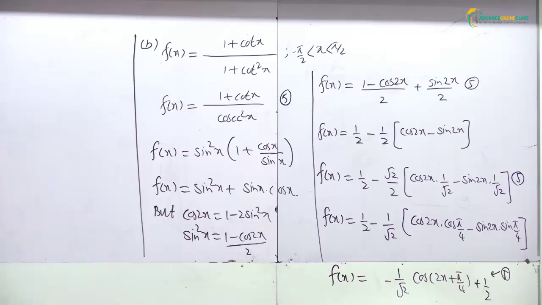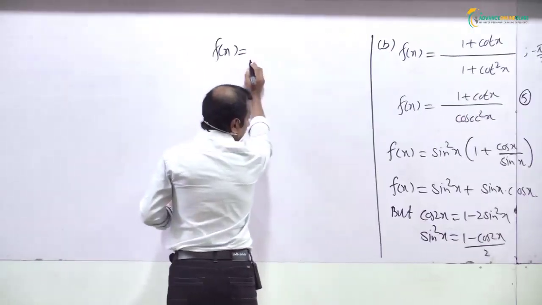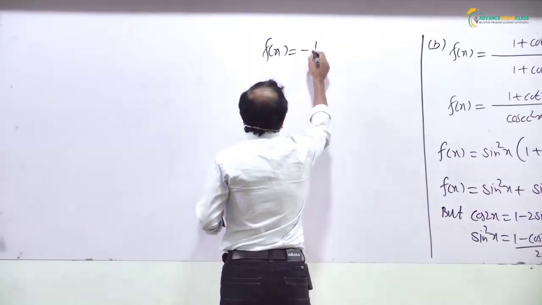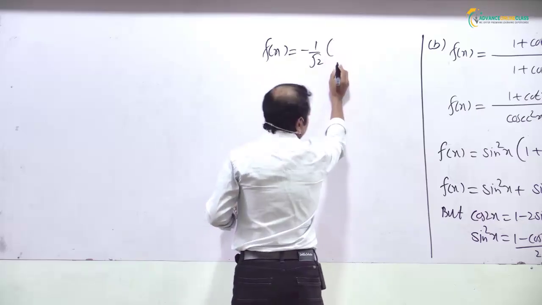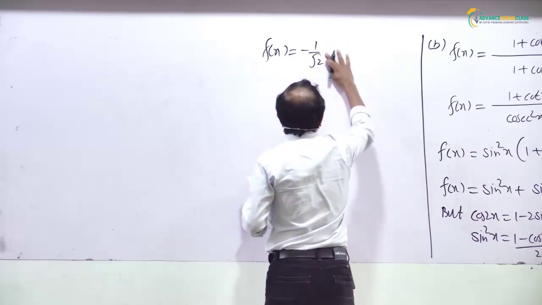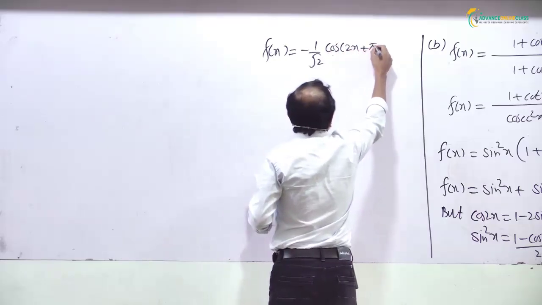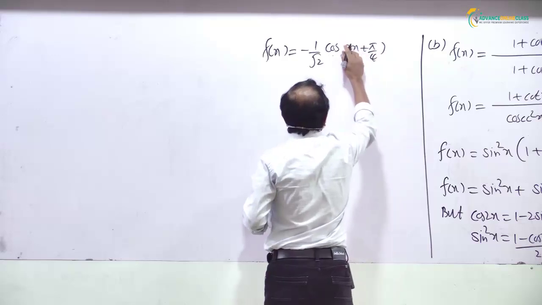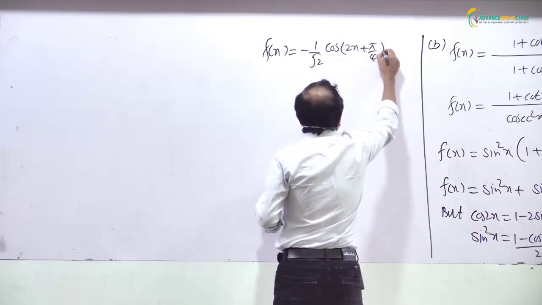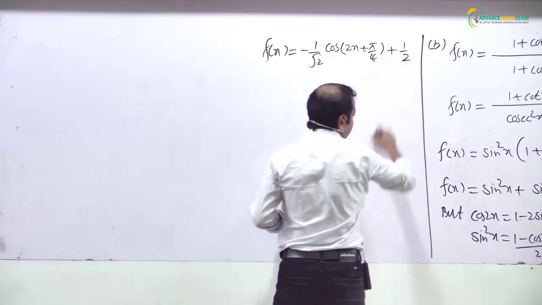When we compare this, what you get there: f(x) equals minus 1 over root 2 cos(2x plus pi by 4) plus half.